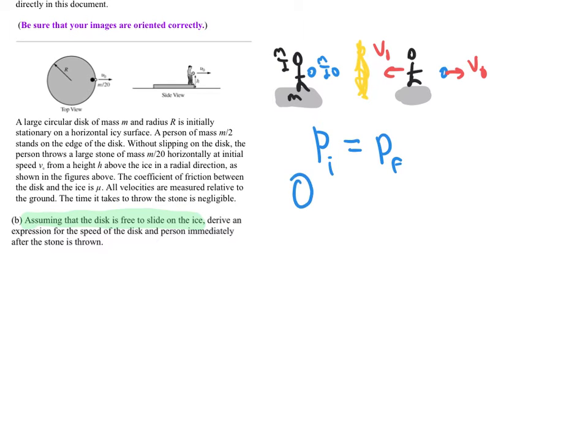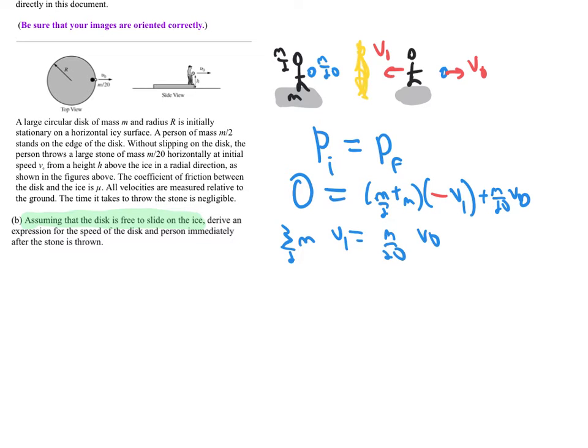Or 0 is the person's mass plus the disk's mass times the velocity of the person, which is minus v1, and then we're going to add in the mass over 20 times the speed of the stone, which was v0. So let's try and solve this for v1. We get 3/2 the mass times v1 equals the mass over 20 times v0.